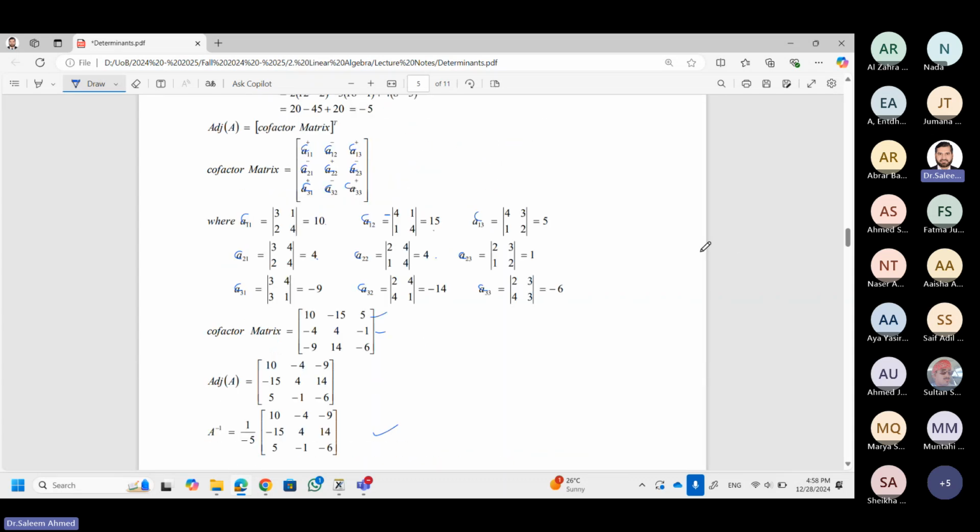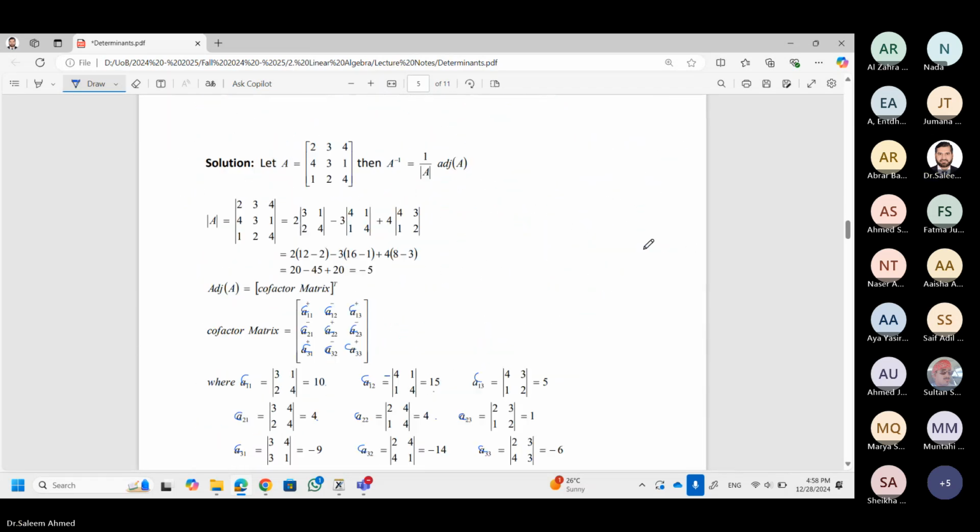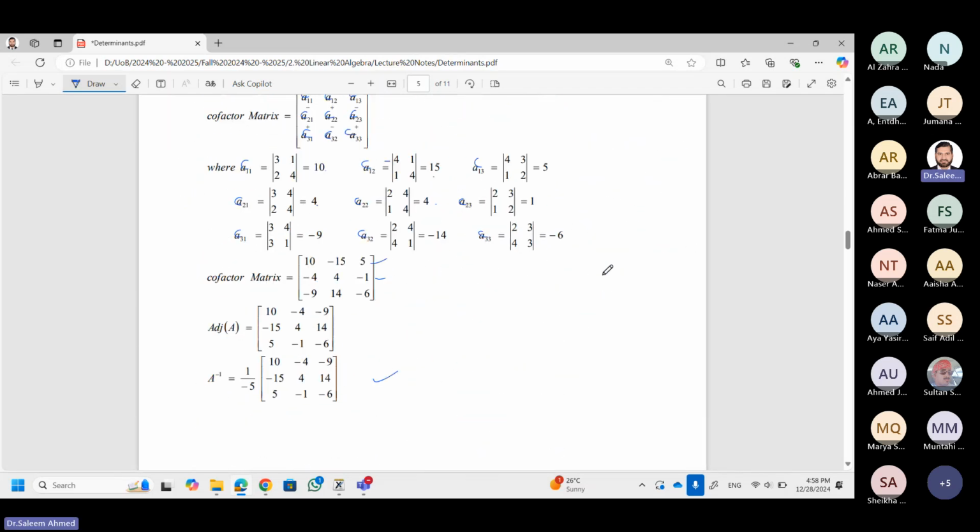And now this is the exact thing which we did here. But because here it's A11, A12, that's not correct. It should be C11, C12, C13, okay? And with their minus signs. So keep the minus sign here. Then this is minus, so -4. And this is minus, so this is -1. This is plus, and this is minus, plus 14. So see, these are the values that you are getting.